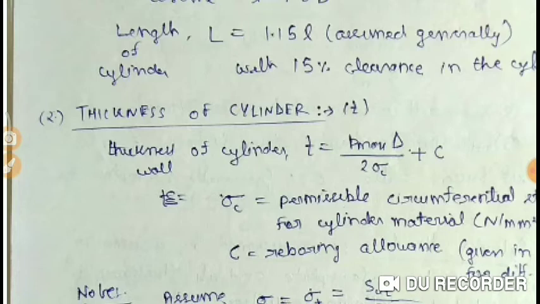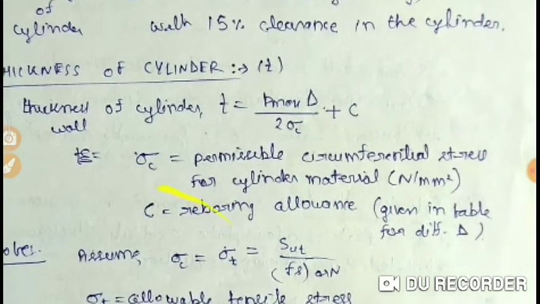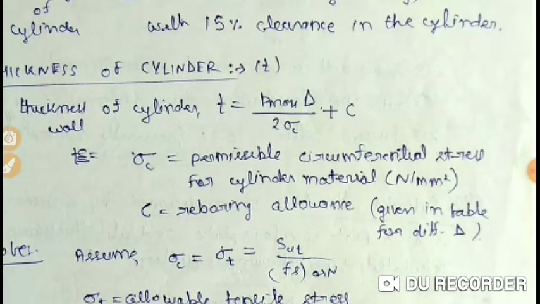Now what do the terms here denote? Sigma C is the permissible circumferential stress for the cylinder material. According to thin cylindrical vessels, we had two stresses, circumferential stress and longitudinal stress. Longitudinal stress was given as sigma equal to PD upon 4t, and circumferential stress is PD upon 2t.